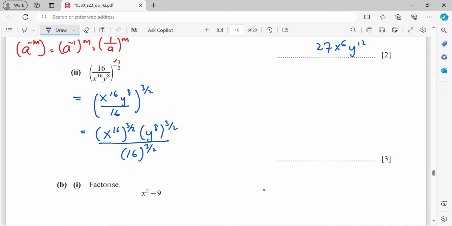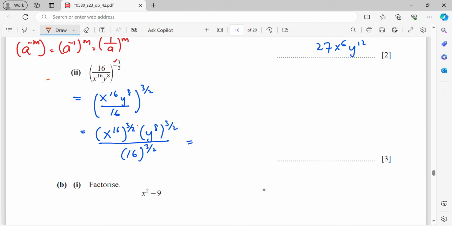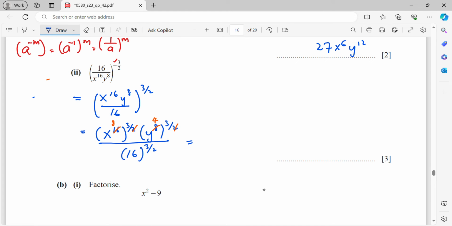Okay, then from here, when you simplify, the 16 divided by 2 is 8. Now, what we do here is, I will just say x to the power of 8 times 3, 24. Then y to the power of 4 times 3, 12.